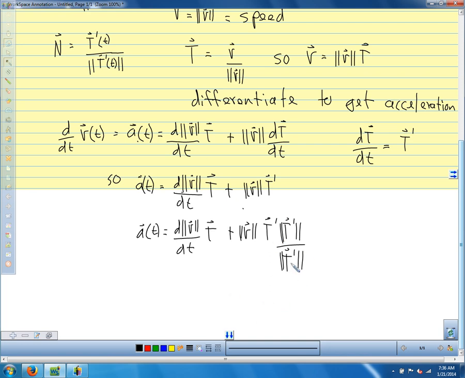Well, T prime over the magnitude of T prime is our principal unit normal vector.